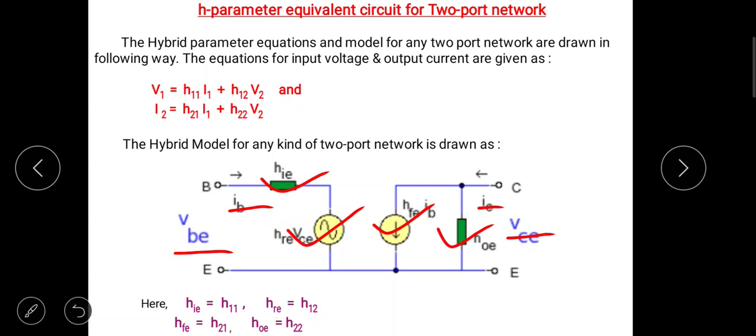The same happens with HFE, which equals H21, and lastly HOE equals H22. This is the output admittance of this circuit. Now this is the exact location of all four H parameters in this hybrid model, or H parameter equivalent circuit. Now come to the next slide.